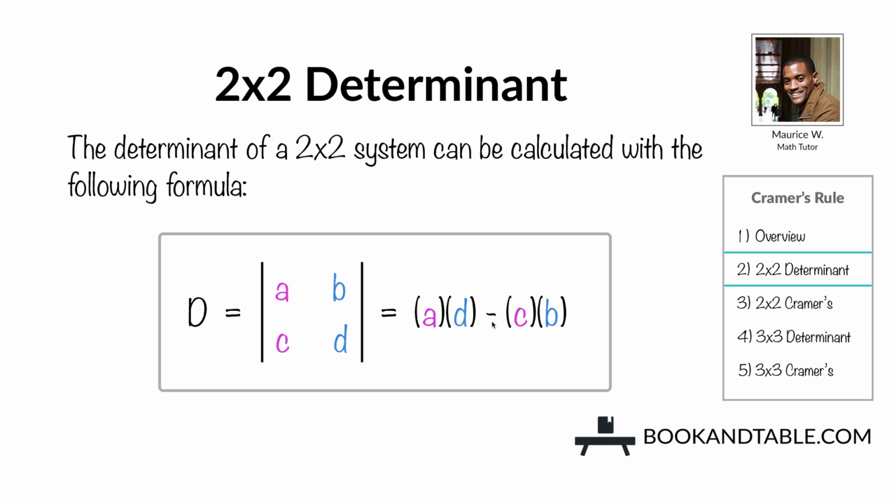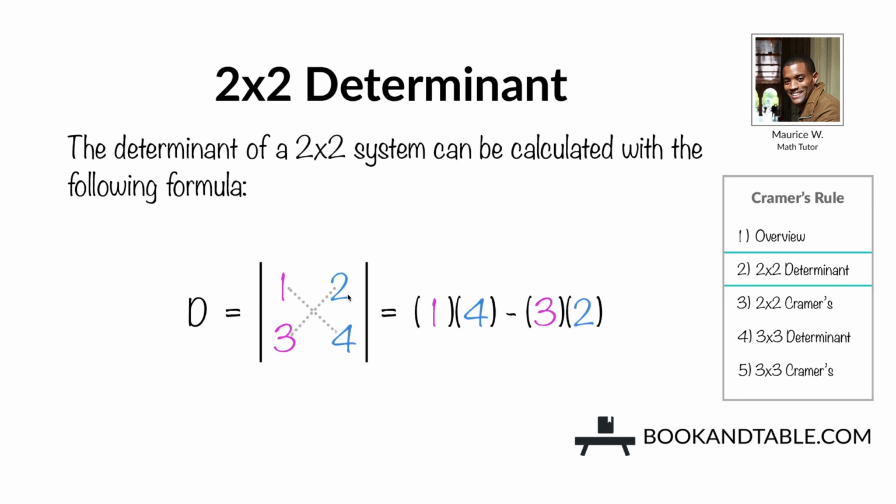And then we subtract the product of the number that's in the second row and first column times the number up and to the right, which would be row 1, C2. So we wind up multiplying C times B, giving us AD, multiplying down to the right, minus CB, multiplying up to the right.